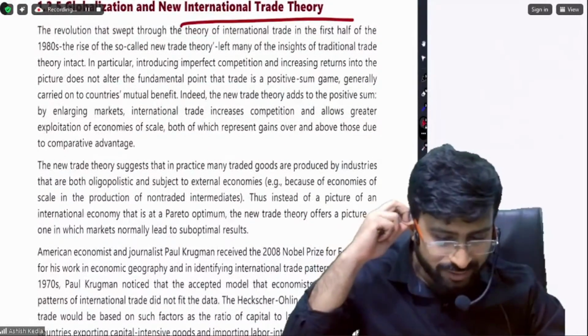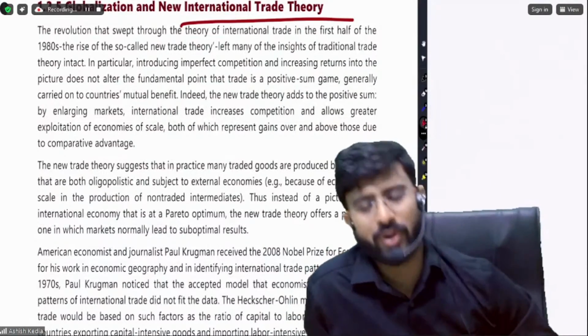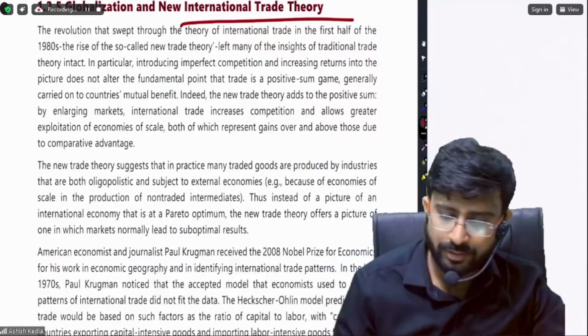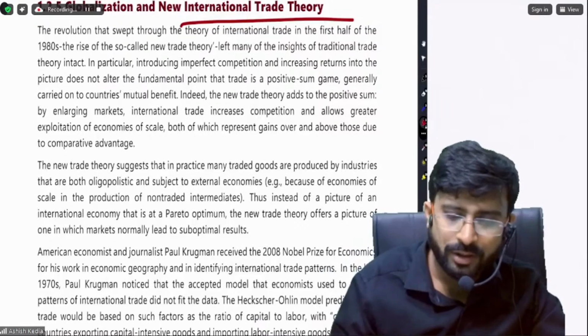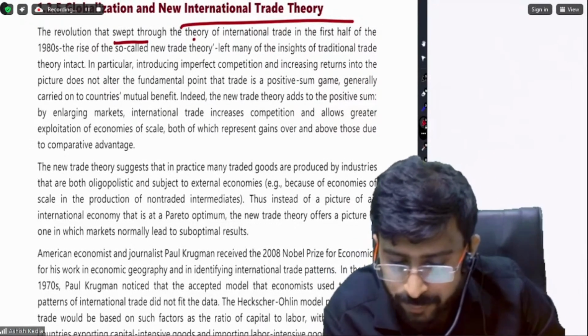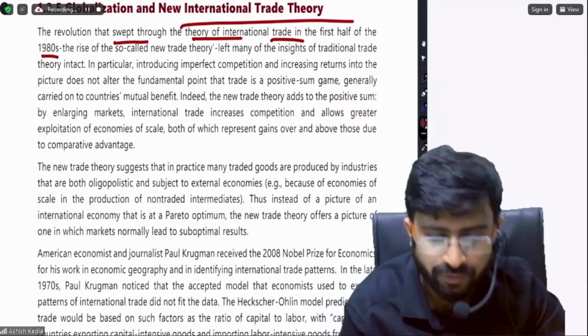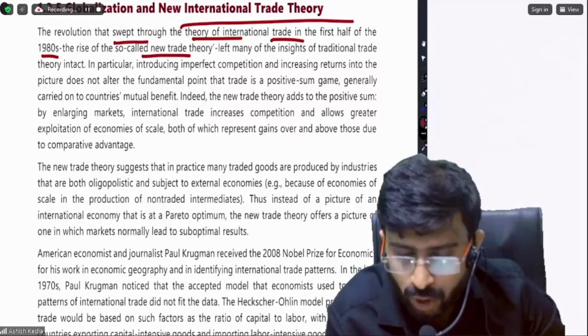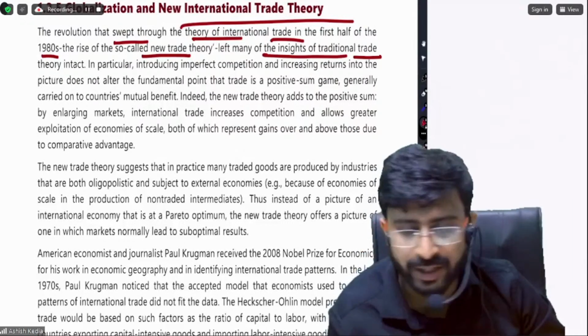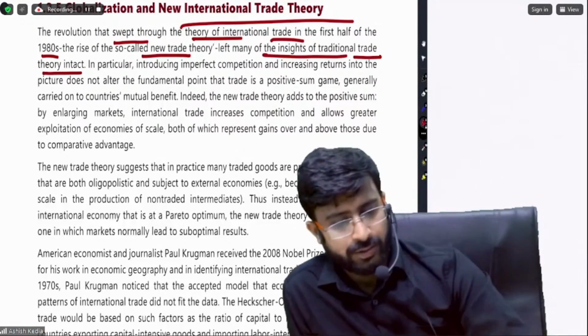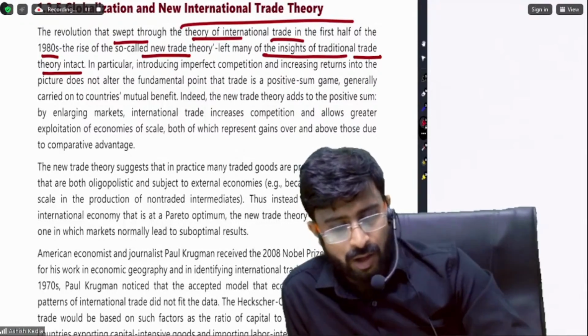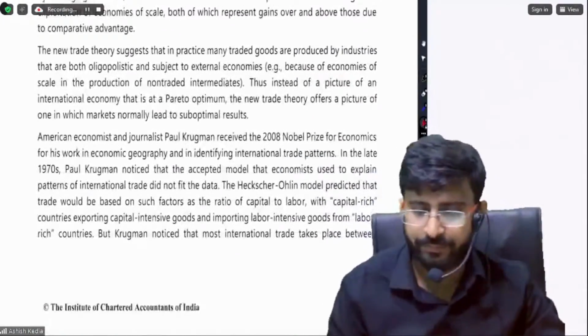Let's talk about what it is saying. The revolution that swept through the theory of international trade in the first half of the 1980s, the rise of the so-called new trade theory, left many of the insights of traditional theory intact. So what does this theory say?